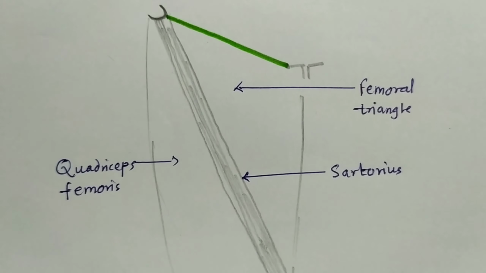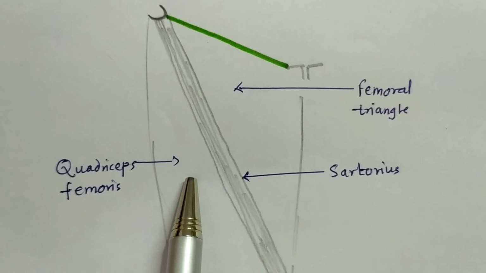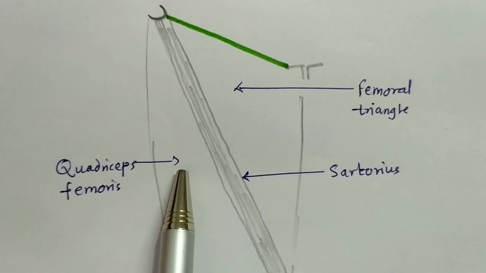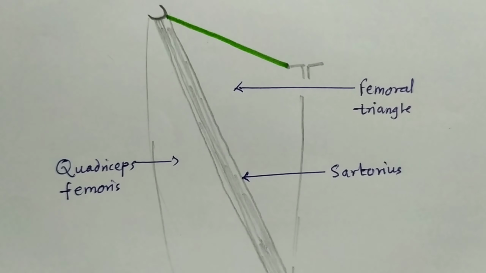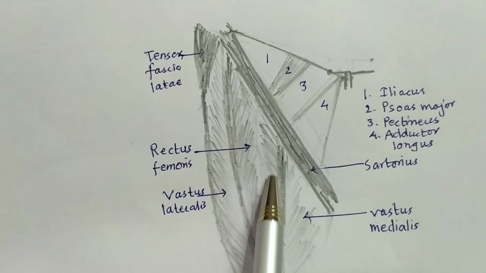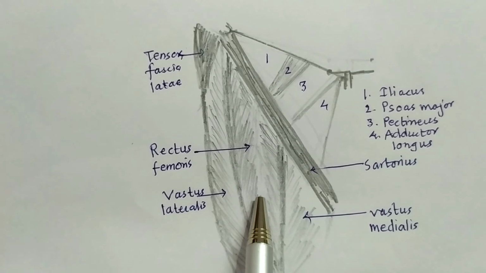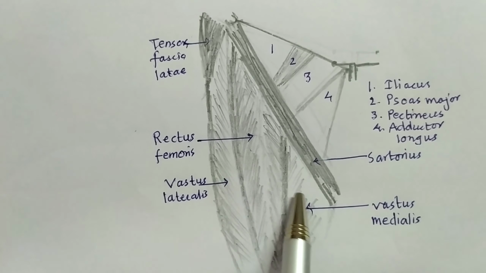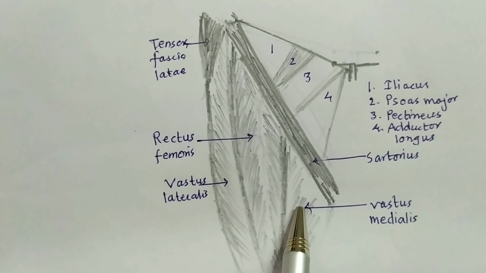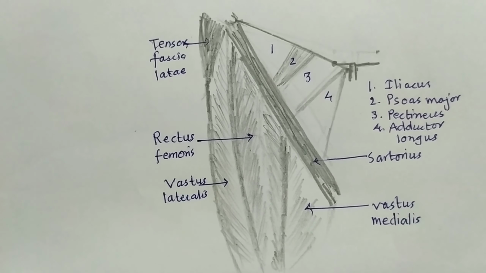The sartorius muscle divides the front of thigh into two parts. Below and lateral to it lies quadriceps femoris, and above and medial to it lies the femoral triangle. The rectus femoris is the straight muscle. Lateral to it lies vastus lateralis, and medial to it lies vastus medialis, and deep to the rectus femoris lies vastus intermedius.